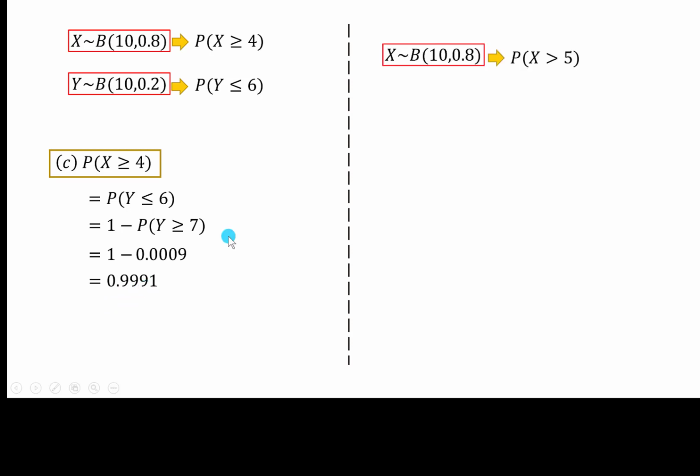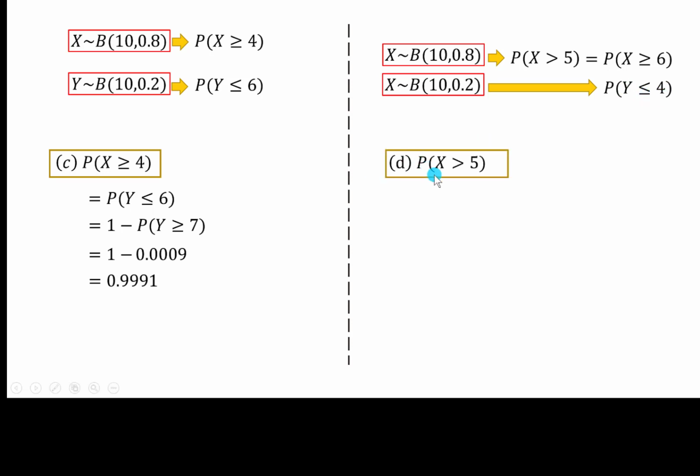0.9991. For D, the question is the probability X greater than 5. So we write it as X greater equal than 6, so that we can change into the Y variable. It becomes the probability Y less equal than 4.